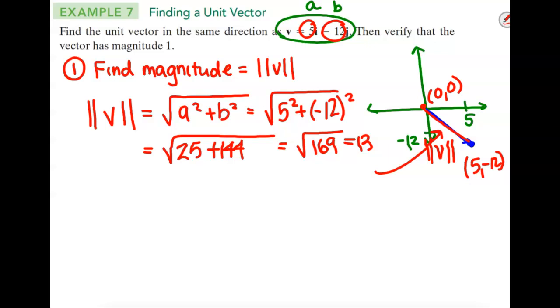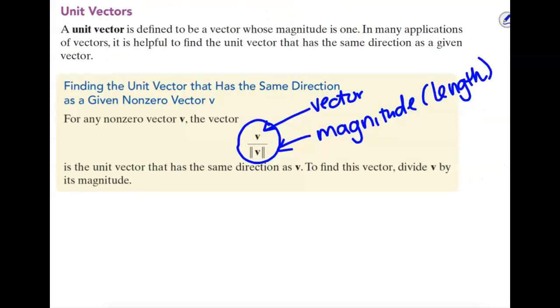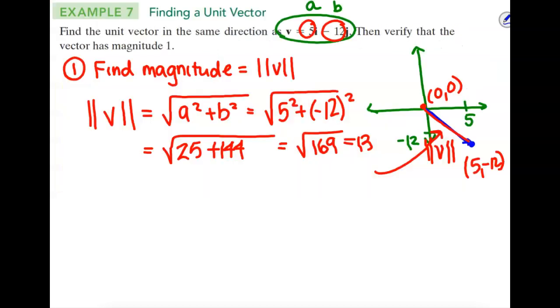All right. Once we know that magnitude, we can now use our equation on the previous slide. We're going to take the vector and divide it by the magnitude. So step 2, we're going to take the vector and divide it by the magnitude.